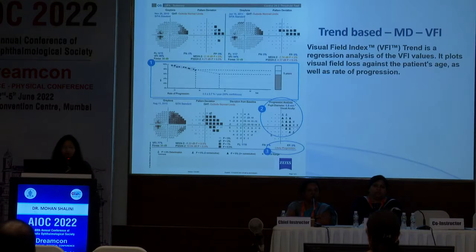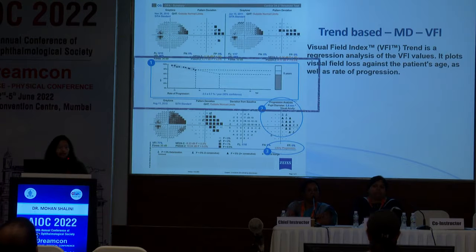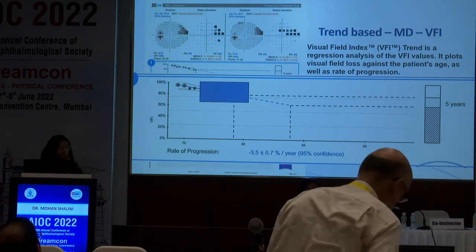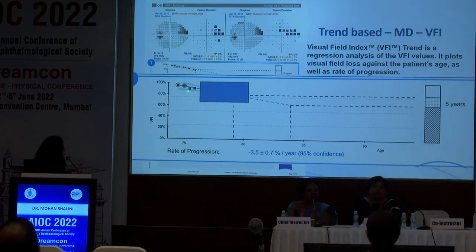Now coming to trend-based analysis in visual field, which is another very important tool to assess the rate of progression, which is given in trend analysis. Now if we enlarge this graph, we see that the first two are the baseline visual fields, as we always establish. The next one looks depressed, but another visual field looks a bit improved. So if we see this graph, the patient looks almost stable.